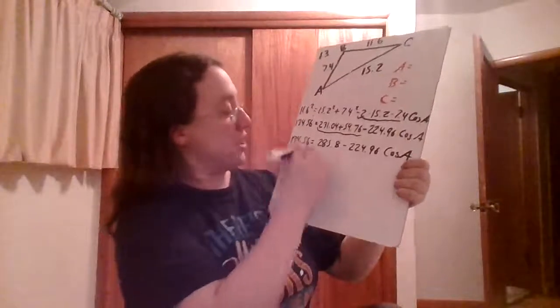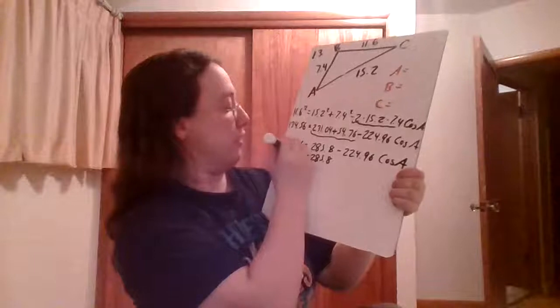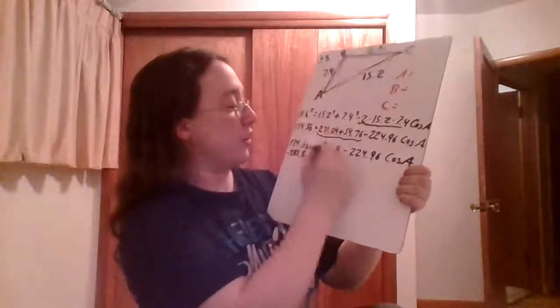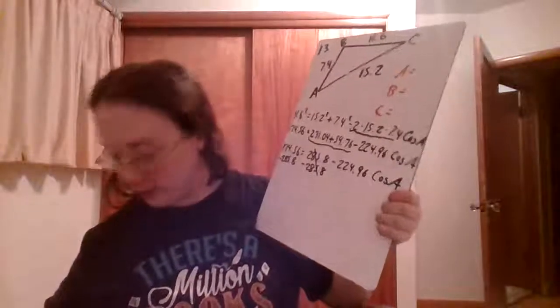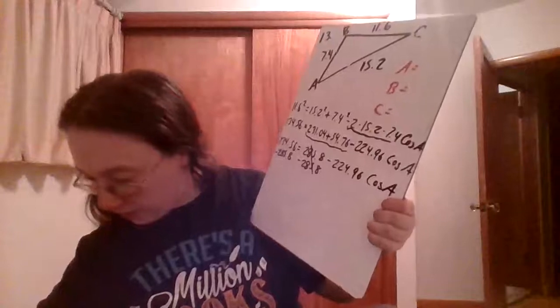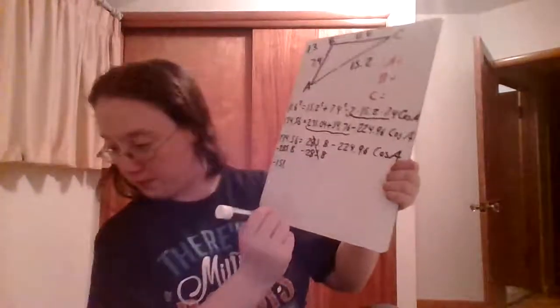Now we're going to subtract 285.8 from both sides. Those are gone. Watch out for it. Don't lose this negative, so that's going to give you a negative 151.24.